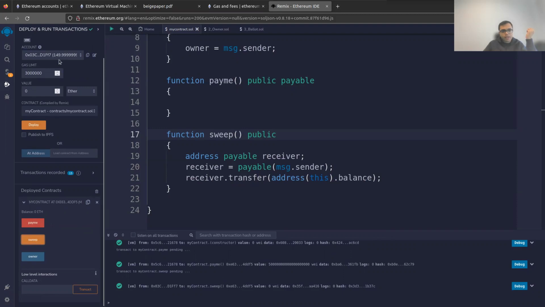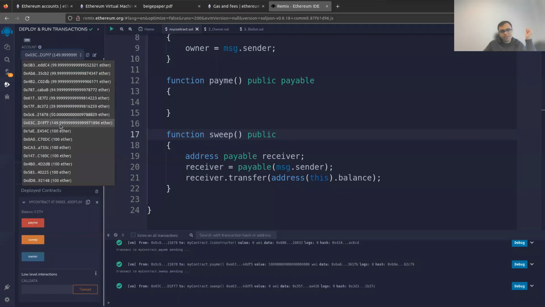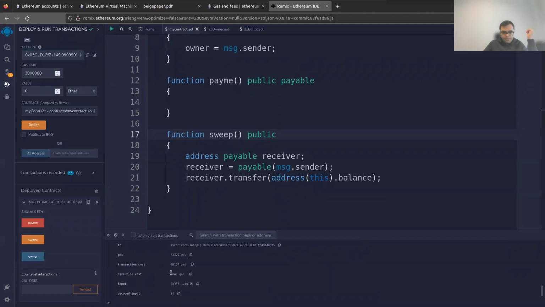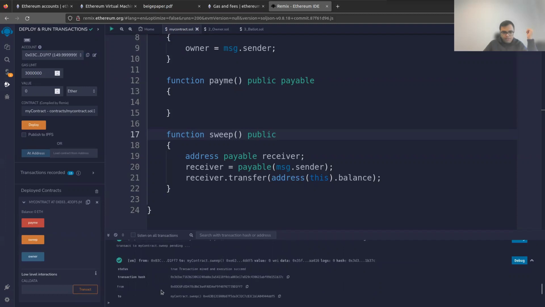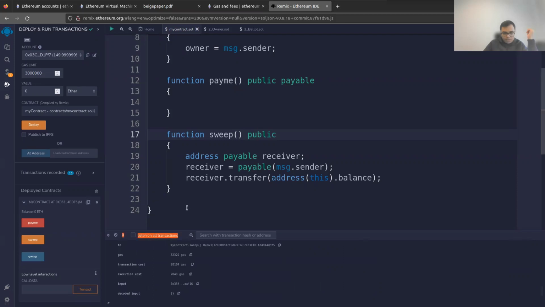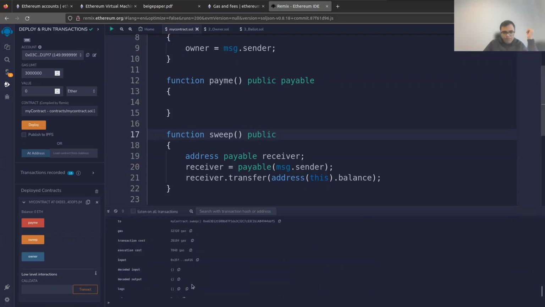The balance of the account was increased by 50, but of course, not exactly 50, because again, it had to pay for gas. But right now, all the money in this contract went to that account. And again, you can see all the details here in the transactions that are happening here. And it's giving you a complete log of how much gas was used for each type of operation.